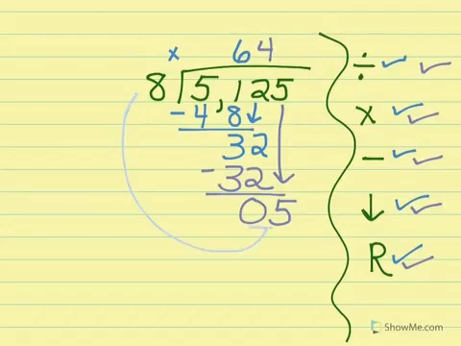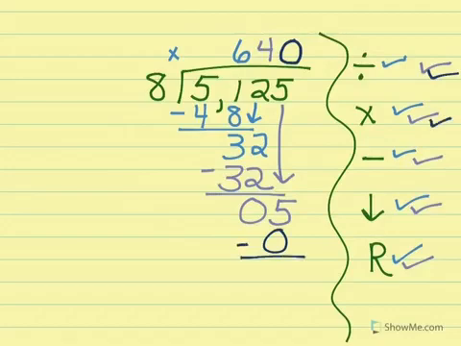How many 8s go into 5? Well, none, because 5 is smaller than 8. So this is where my 0 comes in. Then I multiply. 0 times 8 is 0. After that, I subtract. 5 minus 0 is 5.